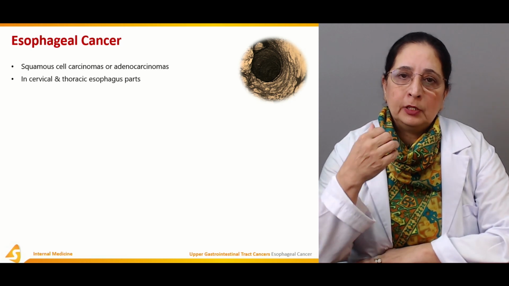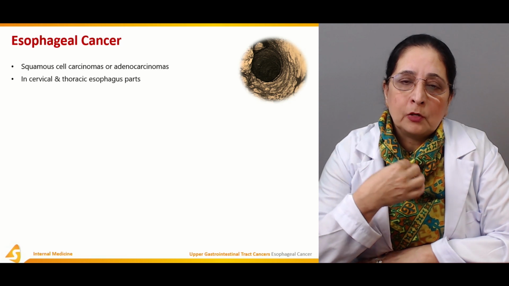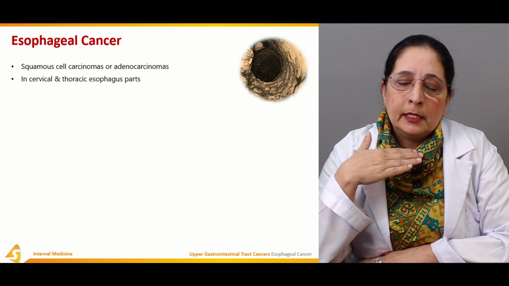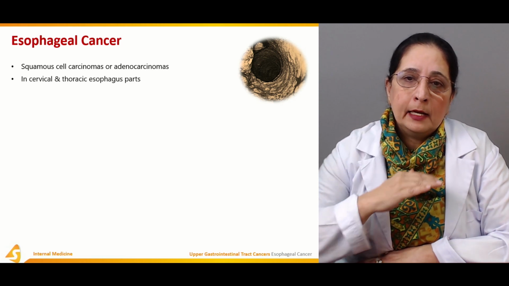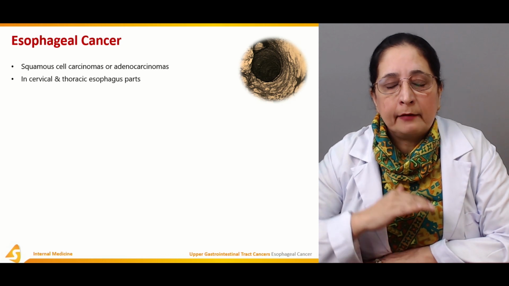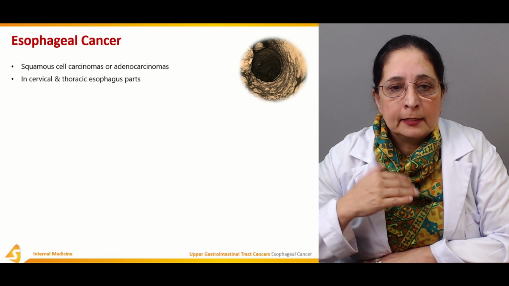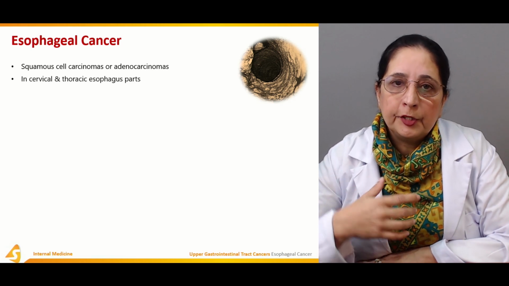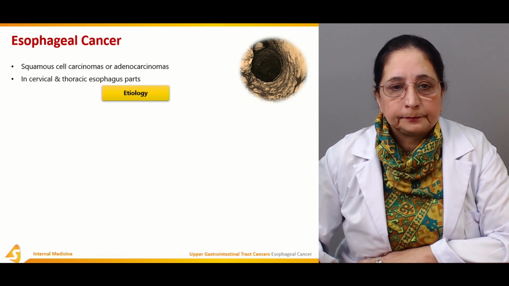As I mentioned, the food enters from the pharynx into the esophagus. The esophagus has a part that is present in the cervical region, or in the throat, and then as it enters the chest cavity, that's the thoracic part of the esophagus. So two parts: one in the neck, or cervical region, and the other in the chest, or thoracic part.